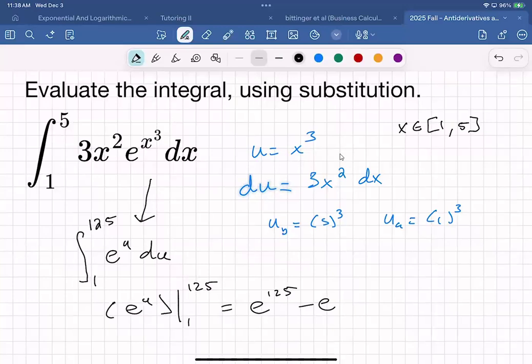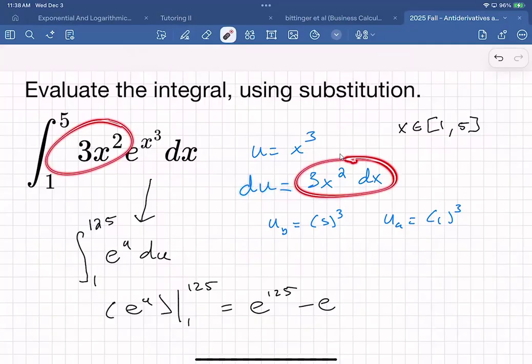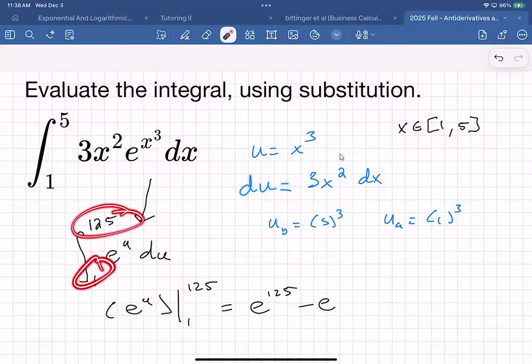Like the nice thing about these, of course, is, hey, that's exactly what I was looking for. Is everyone feeling good with that? Do we feel okay with where I'm getting the 125 and the 1 from here?